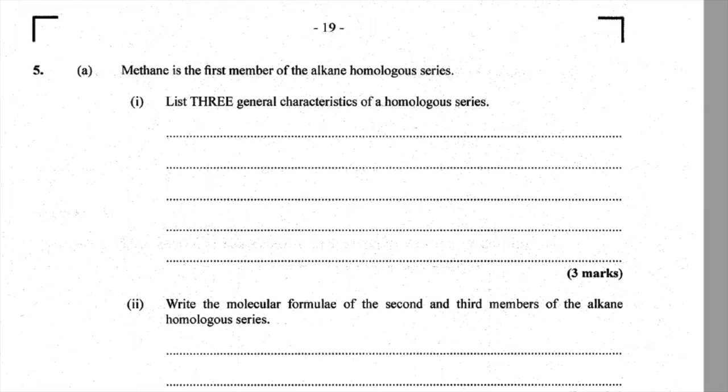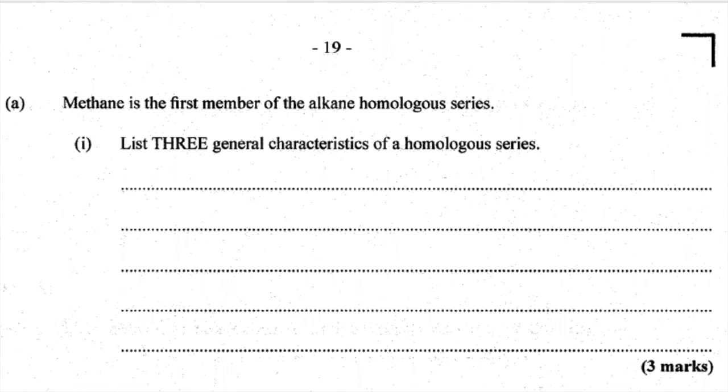This question is on organic chemistry, introduction to homologous series and reactions of organic compounds. Part A. Methane is the first member of the alkane homologous series. 1. List 3 general characteristics of a homologous series.